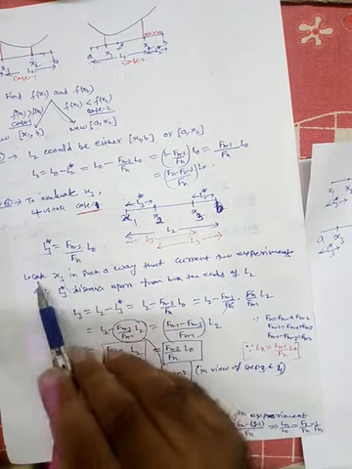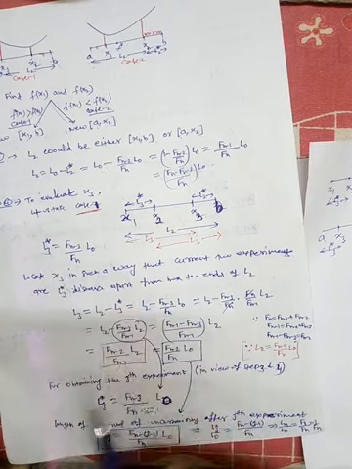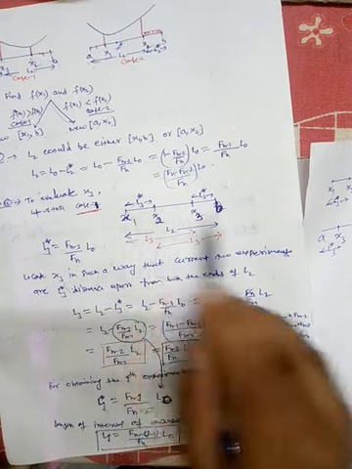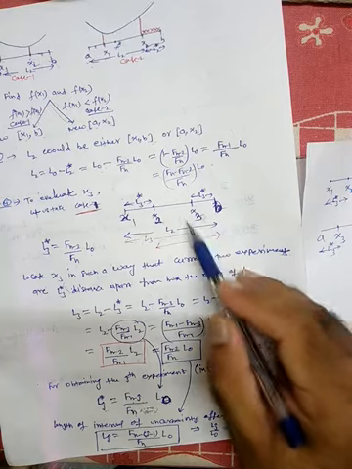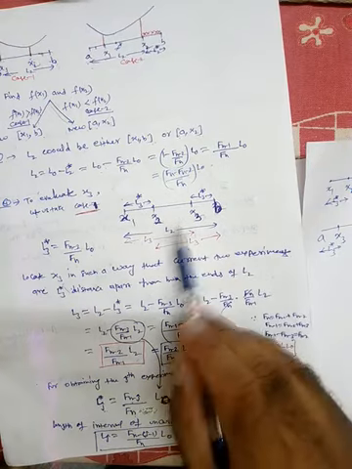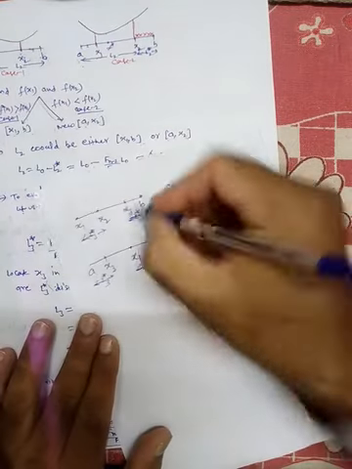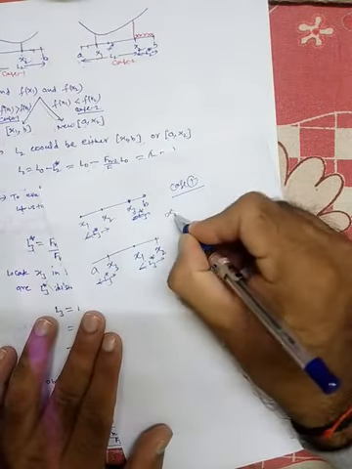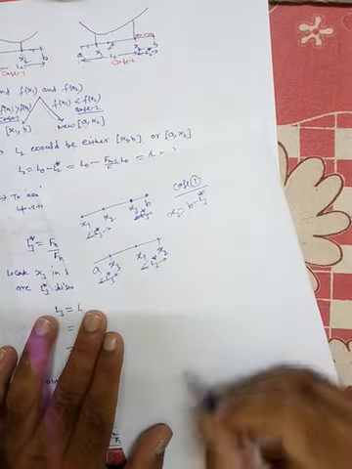So locate x3: once you have evaluated L3 star, here x3 will be b minus L3 star.